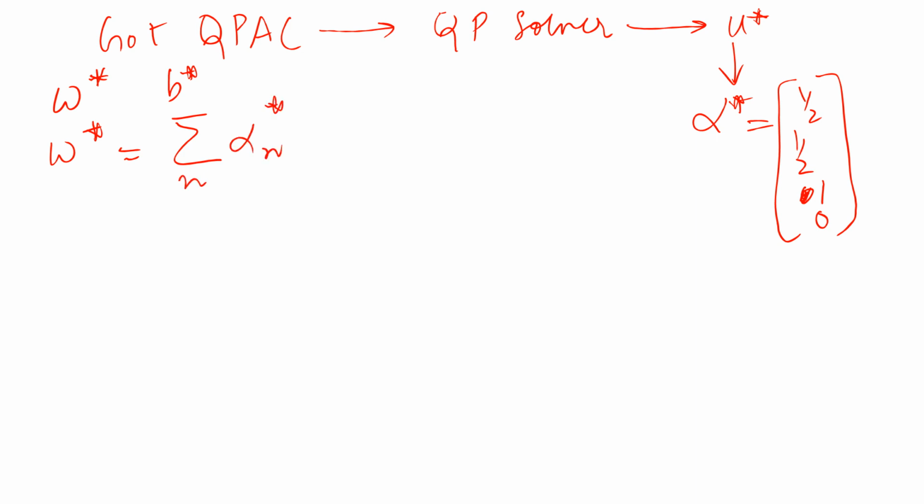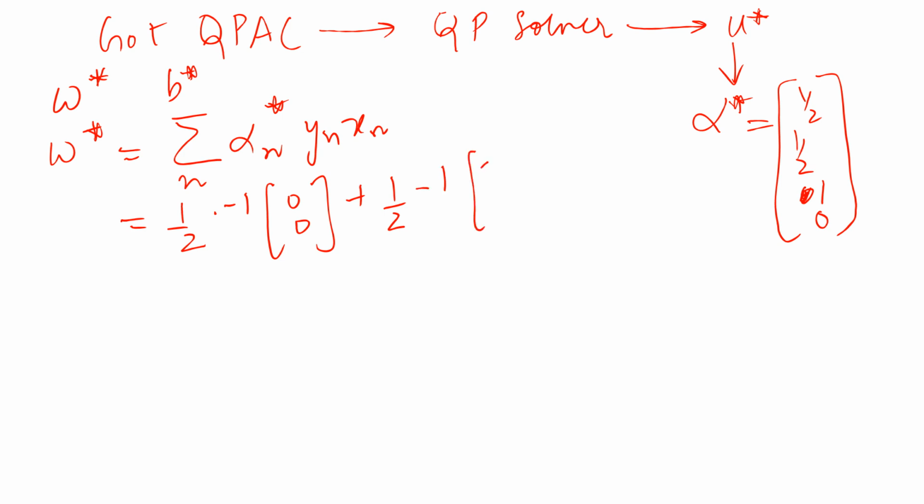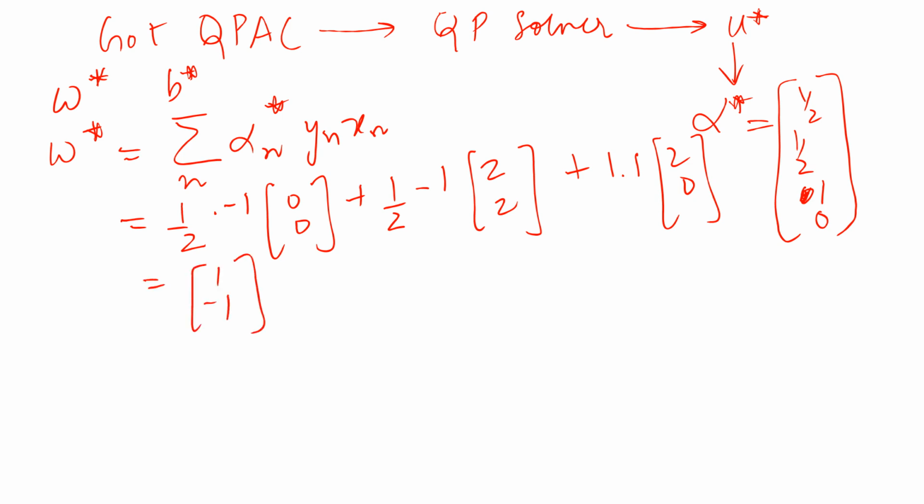That is alpha n star yn xn, and this is just a little bit of algebra: half times minus 1 times 0 0, plus half times plus 1 times 2 2, plus 1 times minus 1 times 2 0, and if you rearrange things and solve for them, you'll get 1 and minus 1. Similarly, we had this equation for B star.